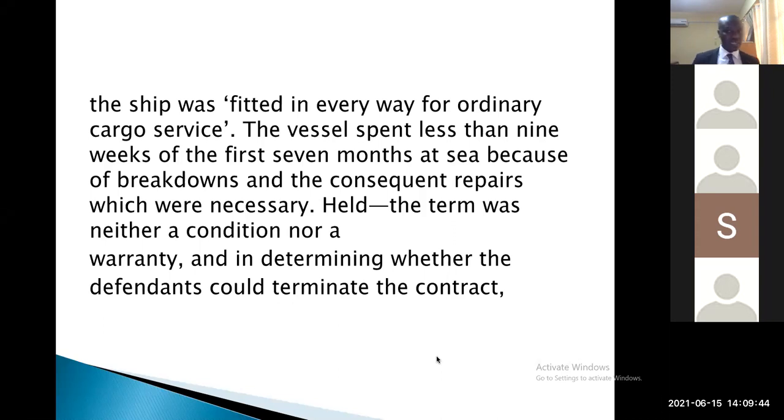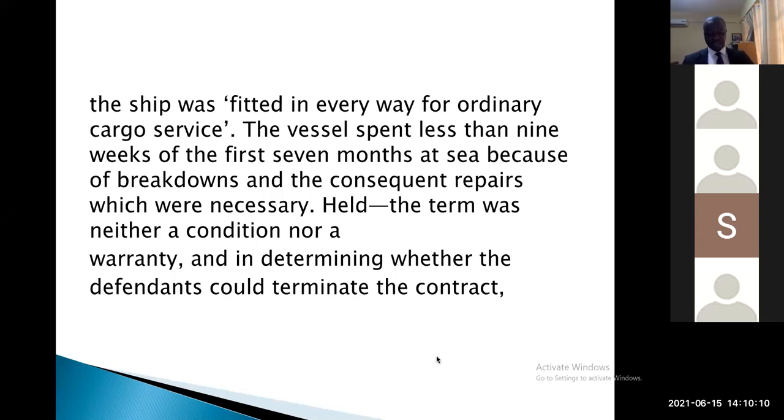The court was not disputing the fact that there had been a breach of agreement, but the fundamental question was whether the type of breach which had occurred was that which could be used to terminate or to repudiate the contract. So that was the crux of the matter.